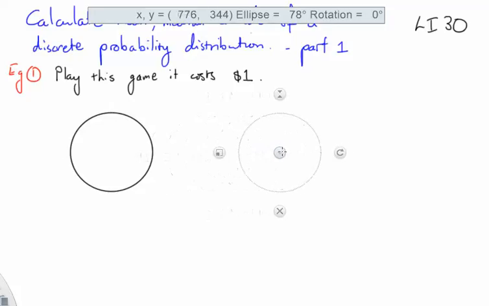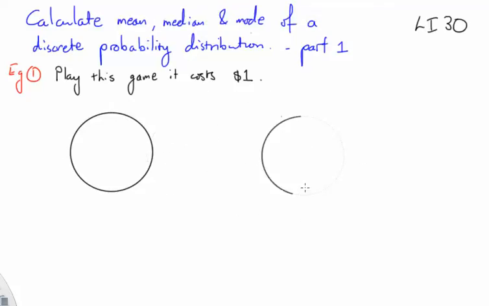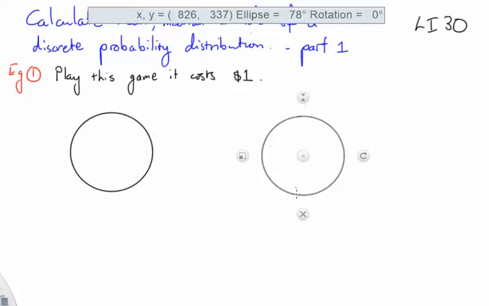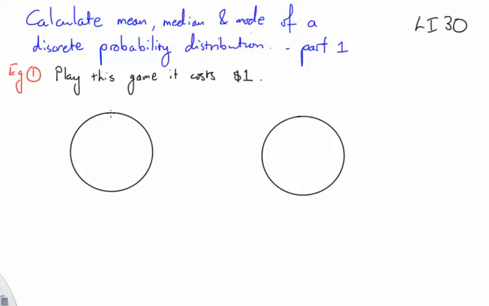And here we have the next spinner. It's broken up into 4 equal pieces. And it costs $1 to spin one of the spinners. And of course, we're going to have our little arrow here. Costs $1 to play either of these games.